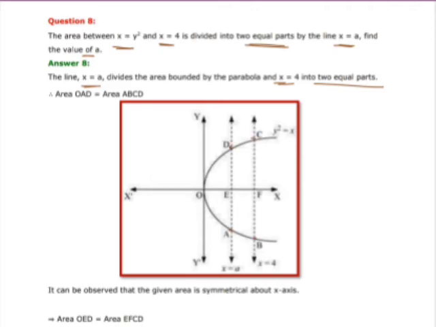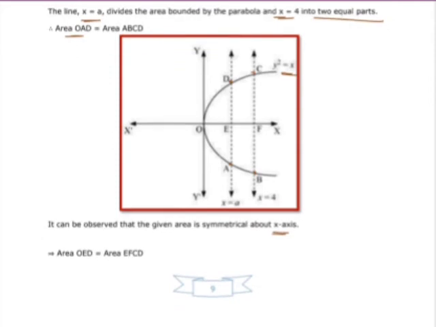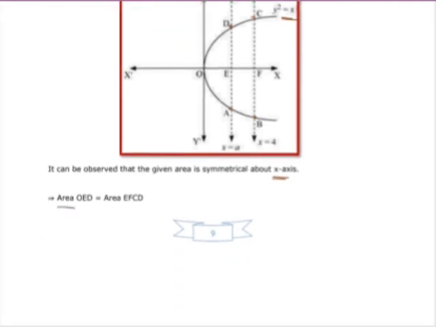The curve we have drawn here is y square equals 4x. So the area OAD equals area ABCD, right? It can be observed that the given area is symmetrical about the x-axis only. So the area OAD equals area EFCD, and the area OED equals EFCD, right?